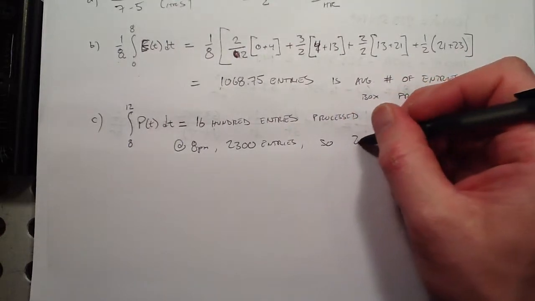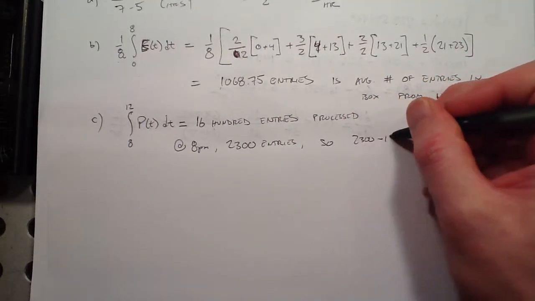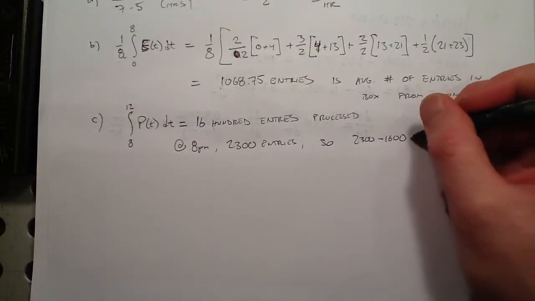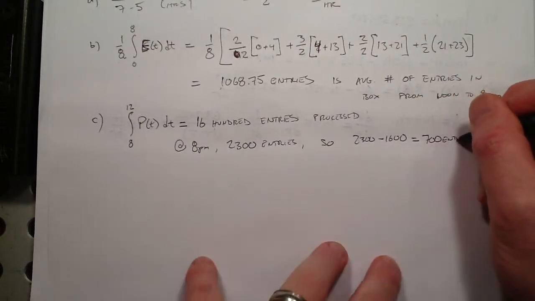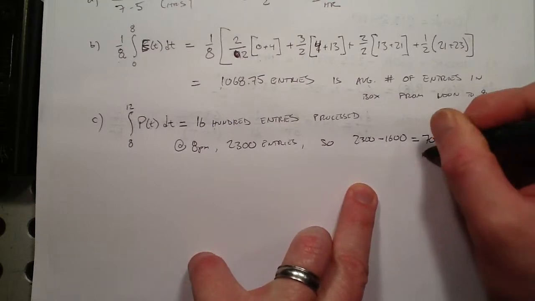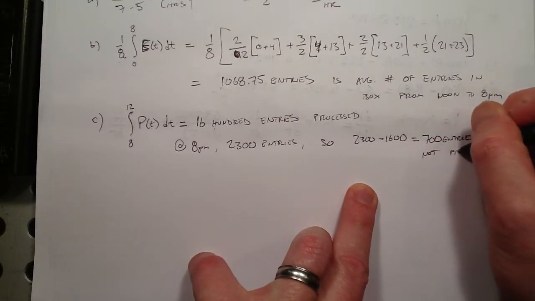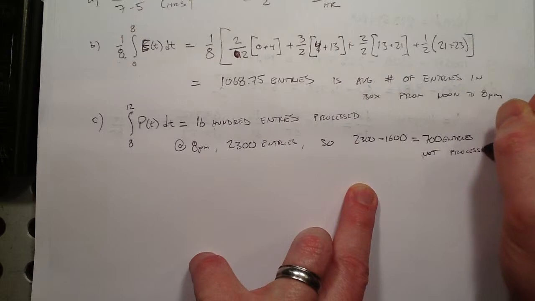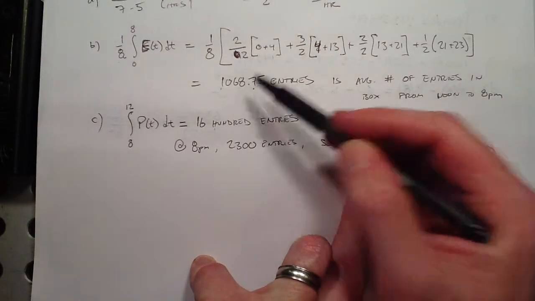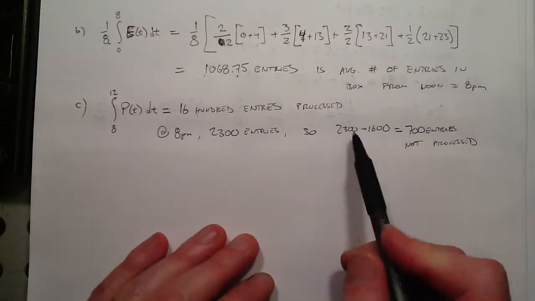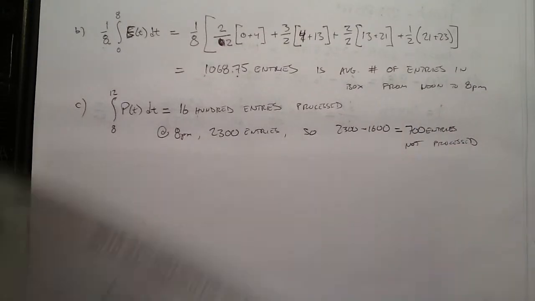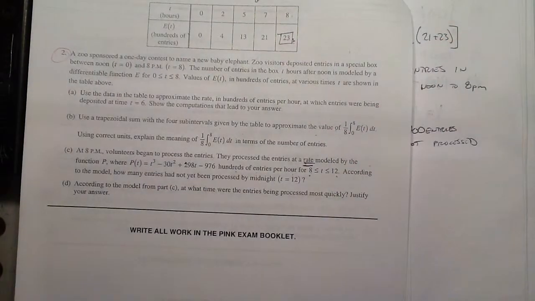So 2,300 minus 1,600 entries is equal to 700 entries that are not processed. I was looking back at this average number, but that doesn't have anything to do with this, right? That's the average number. We wanted the actual number at the end of the contest, which was the 2300.